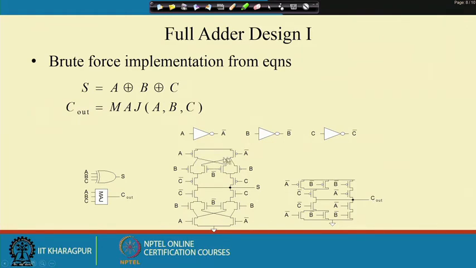So, here you see how many transistors I require. For this particular expression, I need a two input XOR gate.